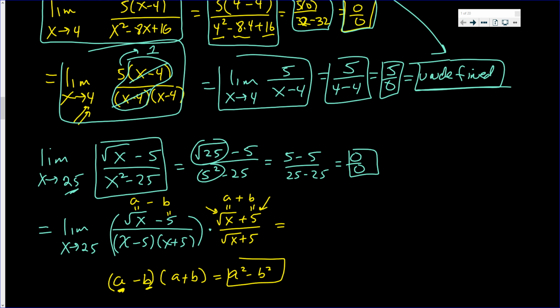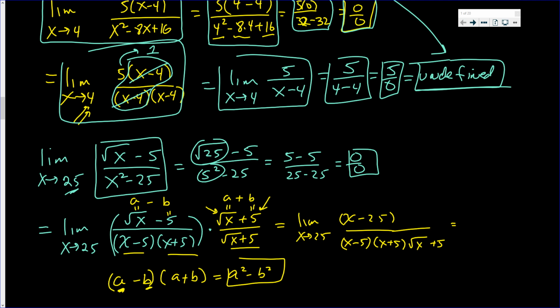The numerator, so we have the limit as x goes to 25, the numerator becomes x minus 25. And the denominator is this times that. It's x minus 5 times x plus 5 times the square root of x plus 5. Okay, let us see what we get when we plug in 25 for x.